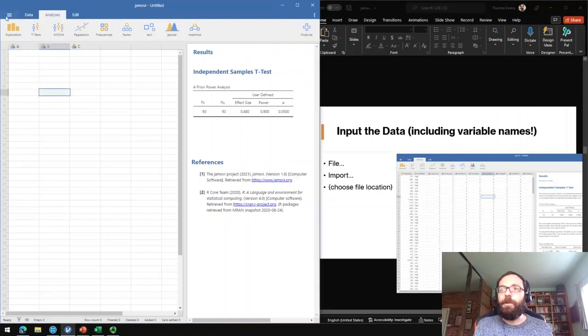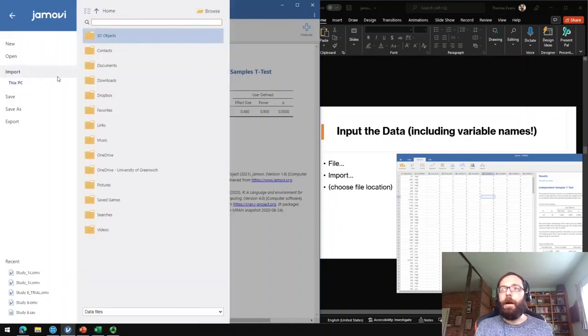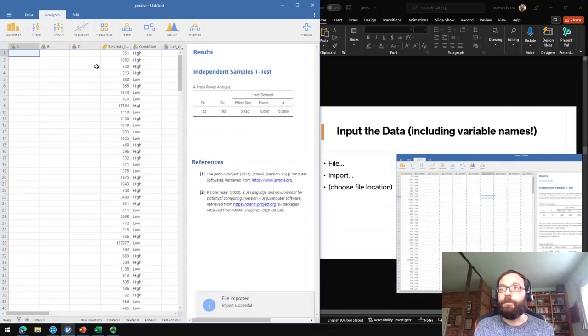The way I like to do it is to click the 3 stacked lines at the top left in blue, and then import. And so you can import a variety of different file types. I'm obviously going to look through my dreadful list of different folders and open the file I've called training data.